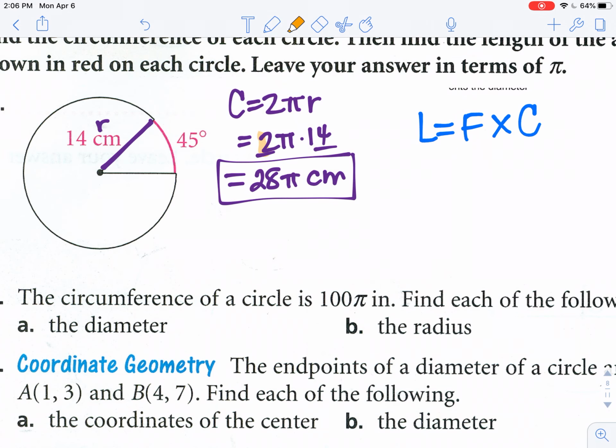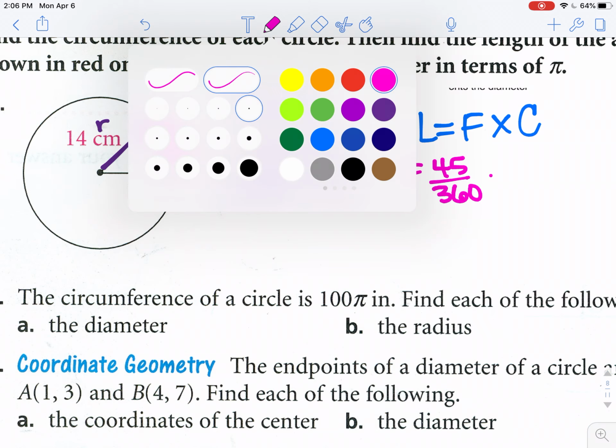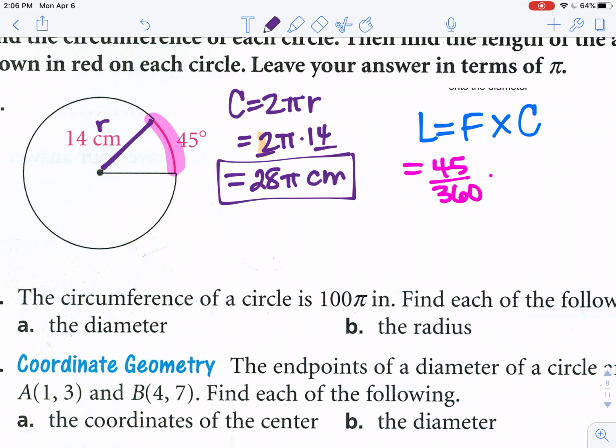If I'm dealing with this piece, I know that I have 45 degrees, and my 45 degrees is out of 360. Okay, times my circumference. Well, I just calculated my circumference here, so I'm just going to plug that in. Times 28 pi.